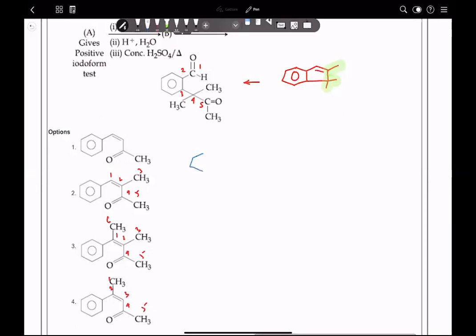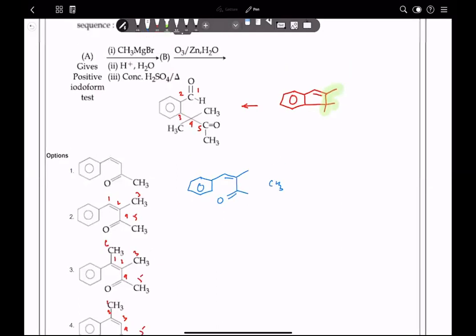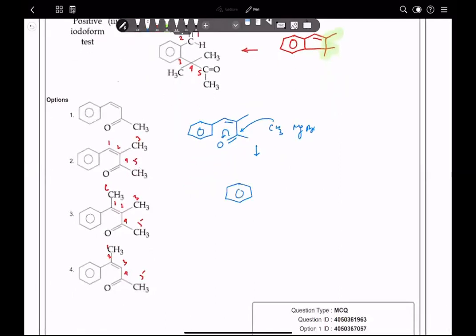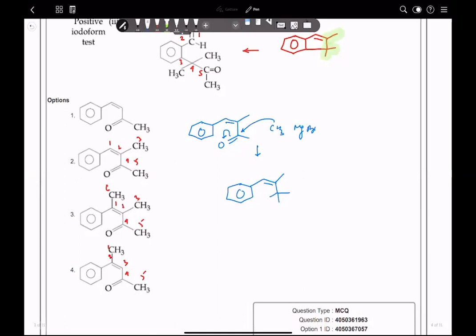Let us start writing from option 2. In option 2, if the Grignard reagent CH3MgBr attacks, it will undergo 1,2 addition attack on this side. You can get this product. This is the possible alcohol after reaction with Grignard followed by water, or you may say H+.